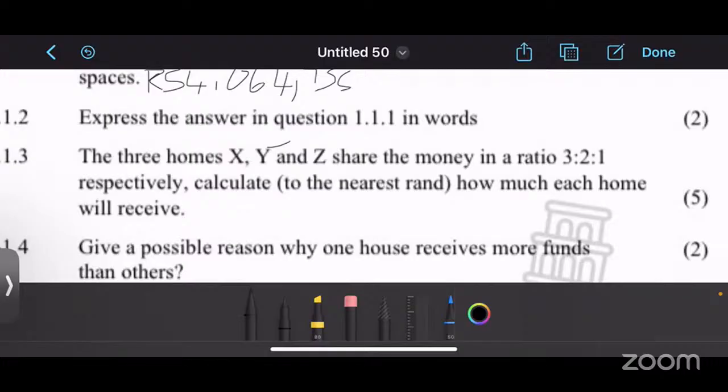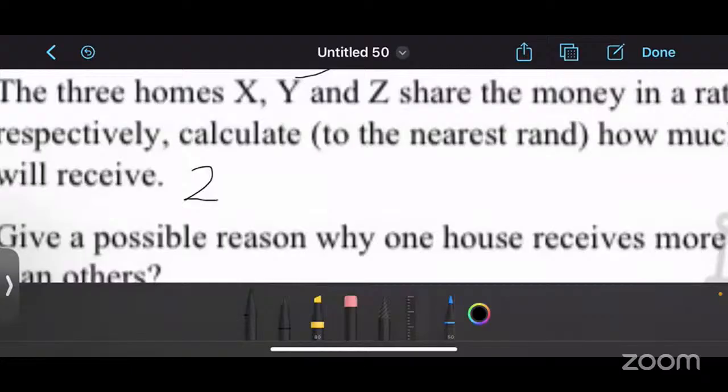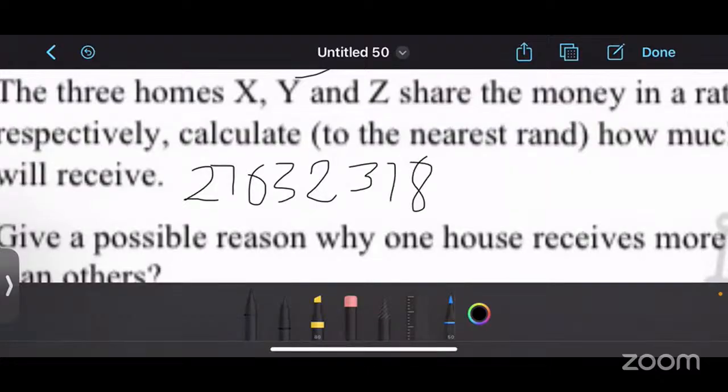What are we rounding? I want an answer. So when I took the 9 million and I times it by 3, I got 27,032,378 rand.